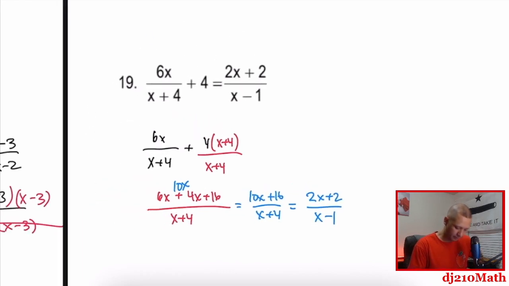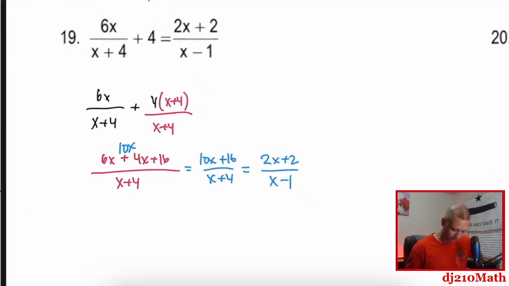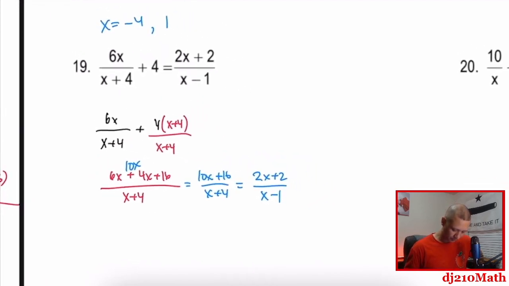Okay, first off, bad answers. Negative 4 and positive 1. So negative 4 and 1 are bad. Nothing can cancel. Can't do any tricks. So let's just see what happens.